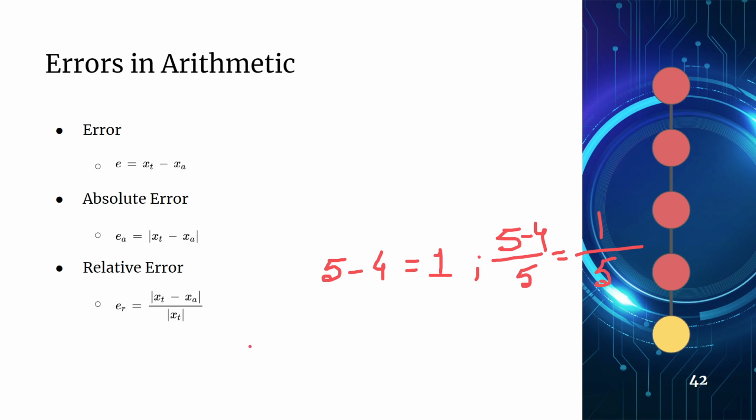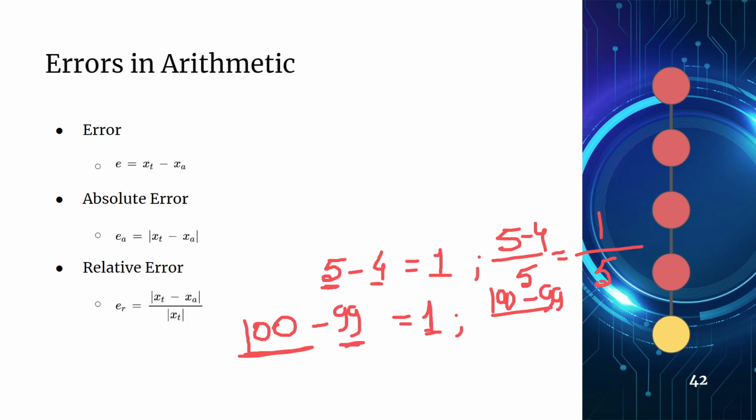Now for an absolute error, suppose 100 minus 99. The absolute error will once again say that the error is 1, but look here, we only worked with small values before, and now we are working with larger values. 99 is not very small, but absolute error still says it's the same. But what will happen if we say the error is 100 minus 99 divided by 100?